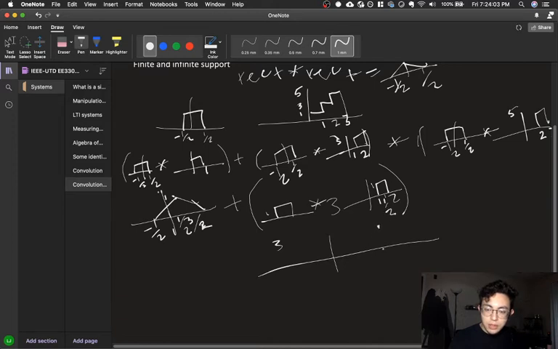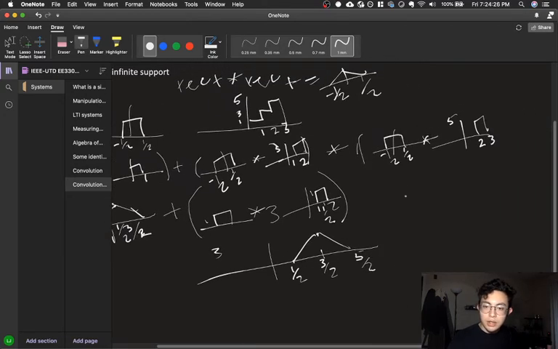So 3 halves. And the left side plus the left side there, so that's 1/2. So it starts at 1/2, and then it ends at 2 plus 1/2. That's 5 halves. So we'll have a triangle there, and then we'll have another triangle here.